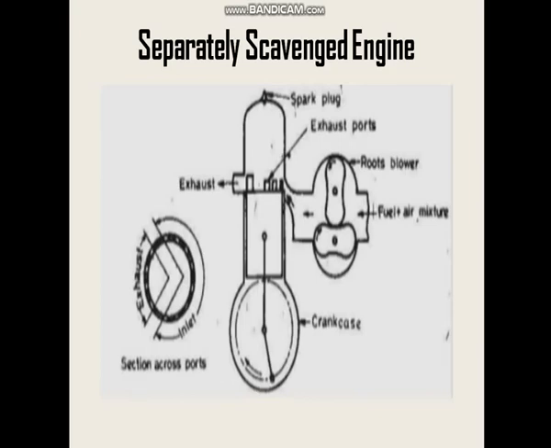Here it is the separately scavenged engine. Why is it named separately scavenged? Because in this type of two-stroke engine, a roots blower is used. The air fuel mixture passes through this roots blower, and after passing through it, the mixture enters the combustion chamber.